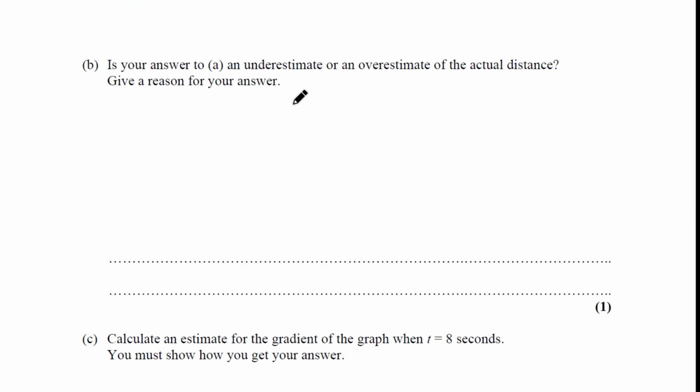Now the question asks, is our answer an underestimate or overestimate of the actual distance? If you are breaking up the triangles or the trapeziums and it's over the curve, it will be an overestimate.